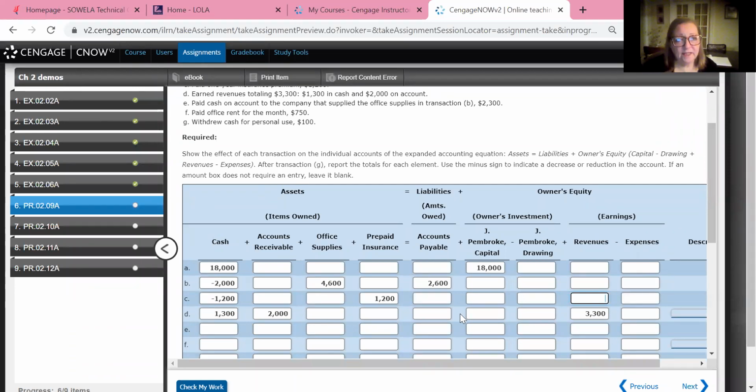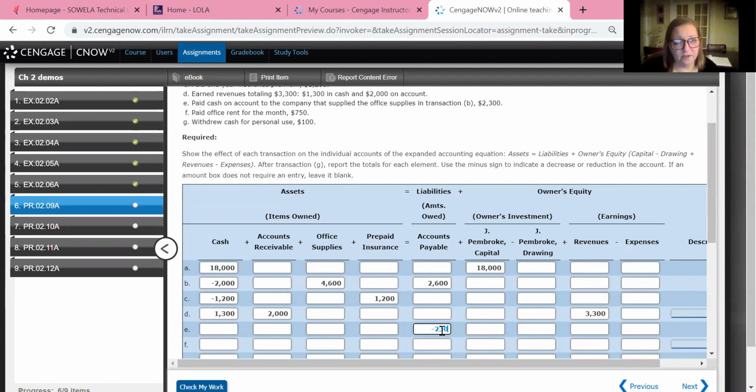So E, paid cash on account to the company that supplied the office supplies in transaction B. Oh, yeah, look here. We owed them $2,600. So now we're going to pay them. We're going to pay them $2,000. No, we're going to pay them $2,300. So let's go down here to transaction E. We're going to reduce this accounts payable.